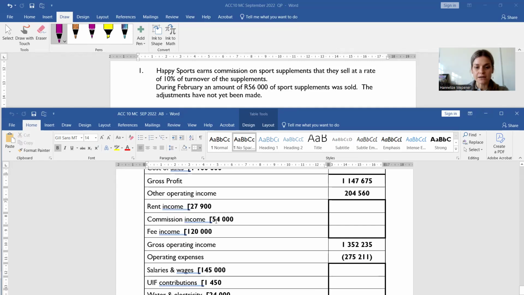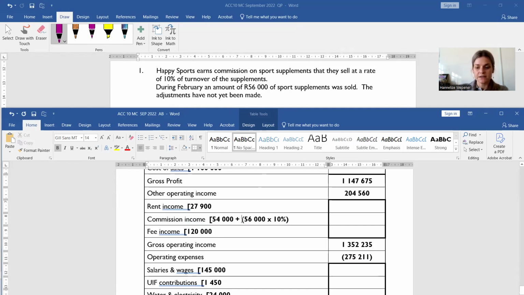So your commission income is currently 54, but you need to add to that 10% of the turnover that you had for supplements for this month of Feb. Because during the month, an amount of 56,000 Rand of sports supplements was sold. You earn commission at a rate of 10% of the turnover, so 10% of the total.